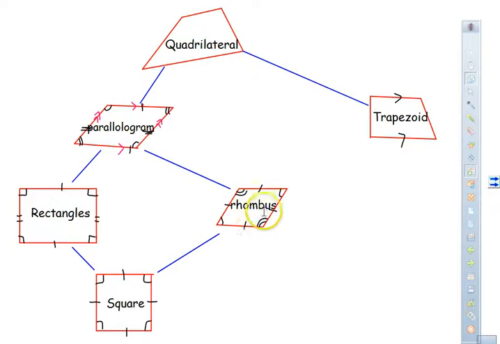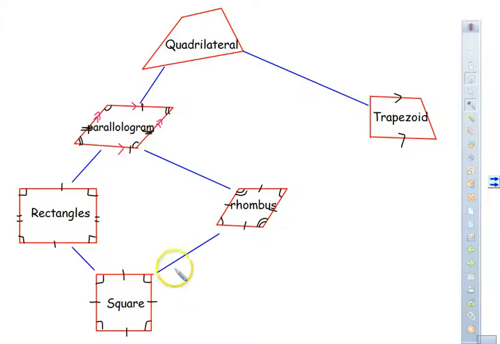That's what makes it a rhombus. Look at the angles, they are not 90-degree angles, because what shape also has four congruent sides? Well, that would be this, our square. It has four congruent sides, opposite sides congruent and parallel, so you could also call this a parallelogram.